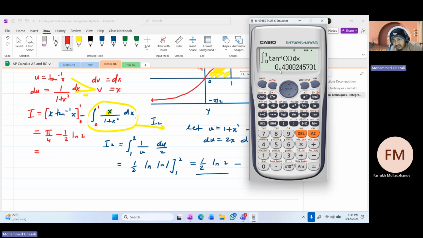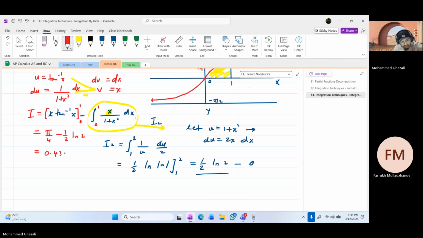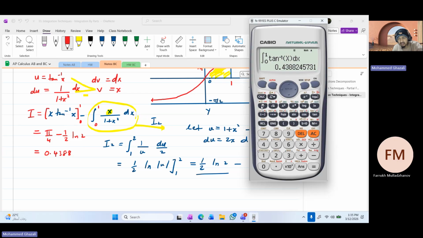So I'm getting an answer of 0.4388. Now I want to check if it's the same answer using what I've calculated: pi over 4 minus 0.5 ln 2, half ln 2. Yeah, getting the same answer, right?